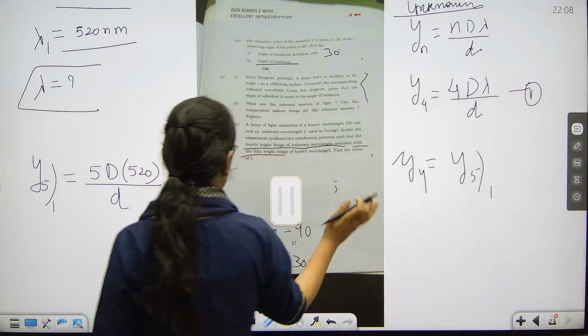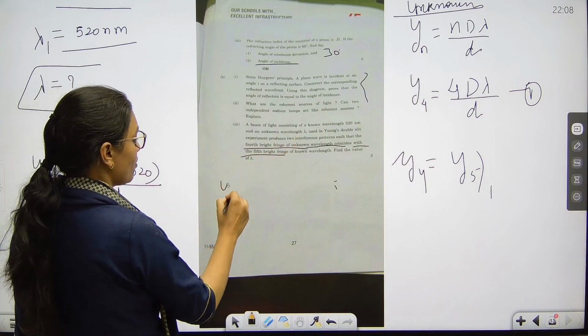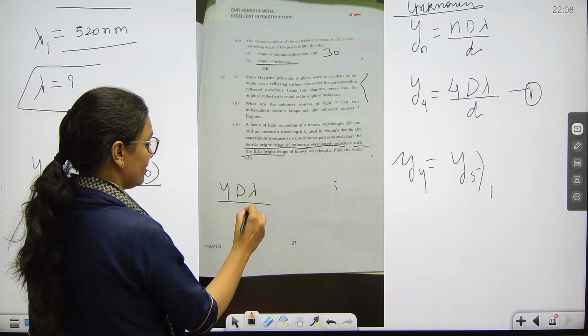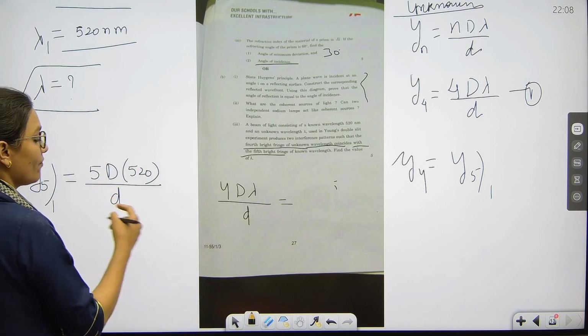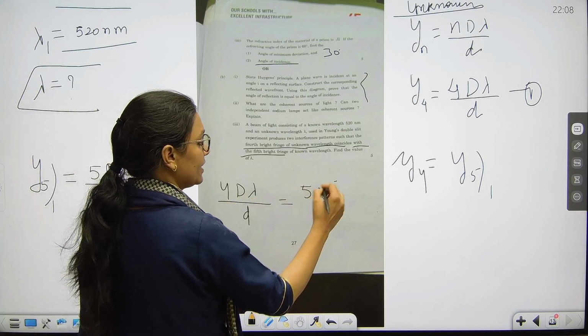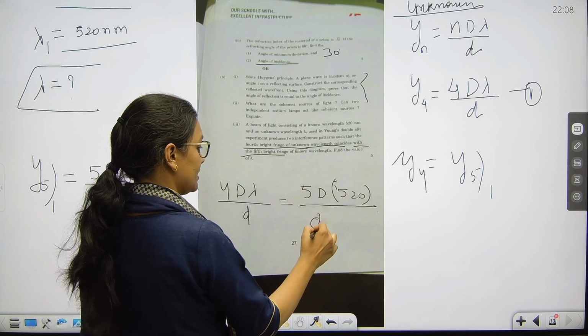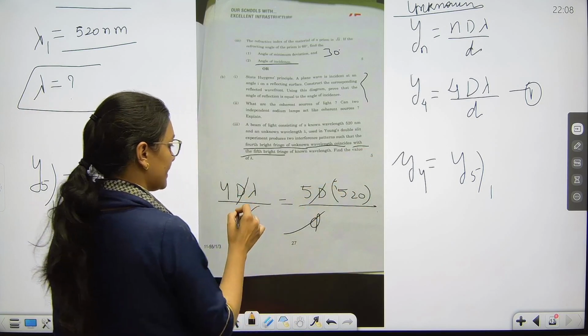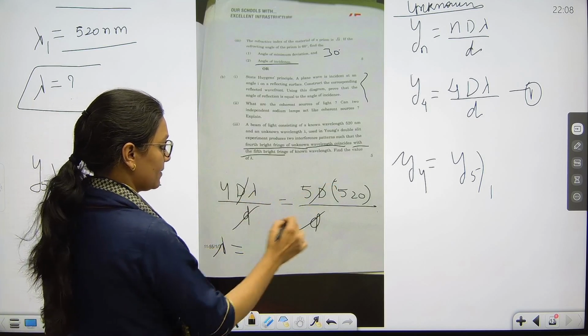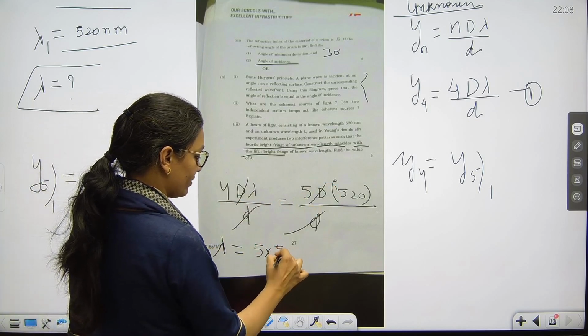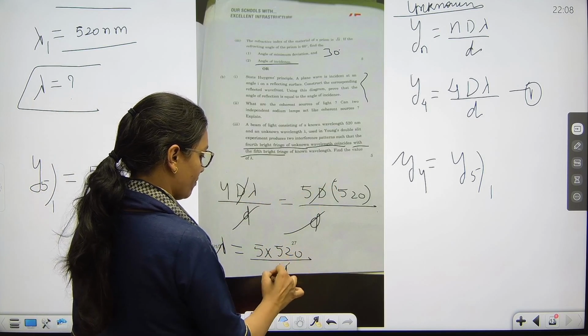Very simple question. 4 D lambda divided by d is equal to 5 D into 520 divided by d. This will get cancelled, so lambda will be 5 into 520 divided by 4.